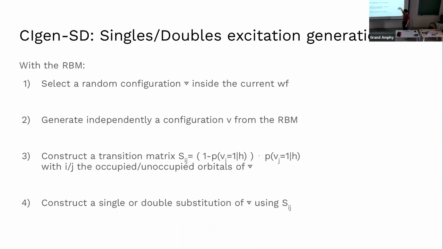In this case, to generate the single and double substitutions, I select a random configuration VBAR inside my current wave function, and I independently perform a Gibbs sampling to obtain the final probability of occupation from my model. And I construct a transition matrix from occupied orbitals in my selected determinant VBAR to unoccupied orbitals in the same determinant.